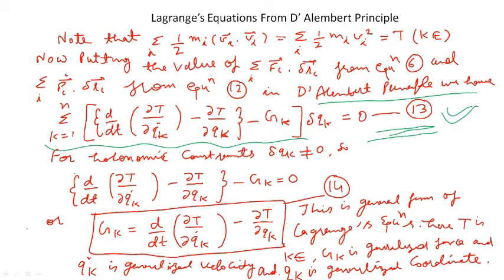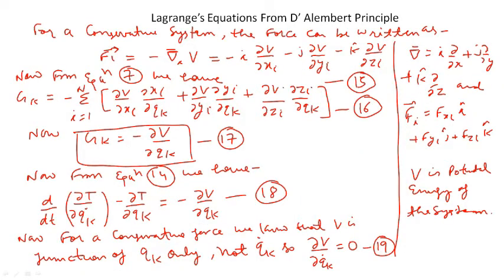This is a very important relation, and it is called the general form of the Lagrangian equation. Here Gk is the generalized force, capital T is the kinetic energy, qk dot is the generalized velocity, and qk is the generalized coordinate.